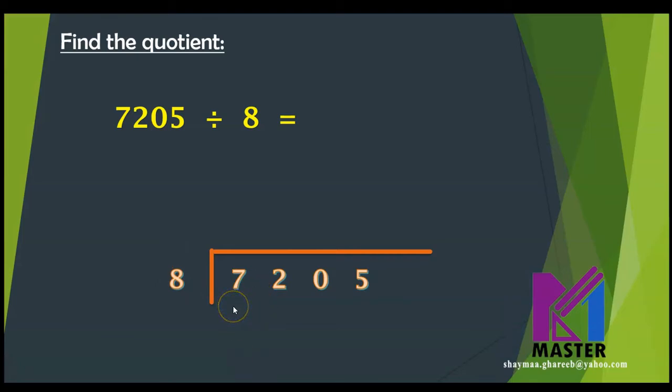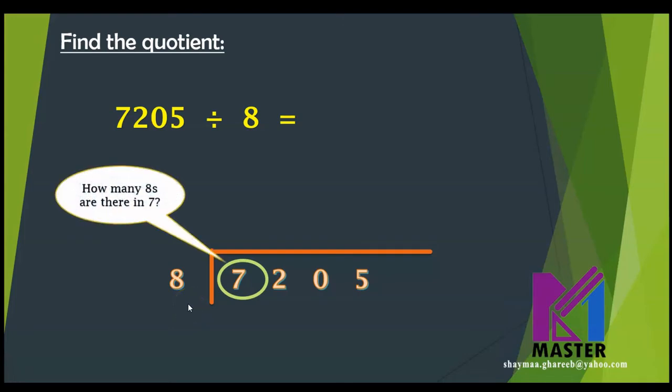I will start by dividing the first digit, which has the biggest value. 7 divided by 8 means how many 8s are there in the 7? The 8 is greater than the 7, which means no 8s in the 7. So I will write 0, but there will be a remainder of 7 because I didn't use the 7 yet. So I will put it here next to the 2, and I will start to do the division one more time.